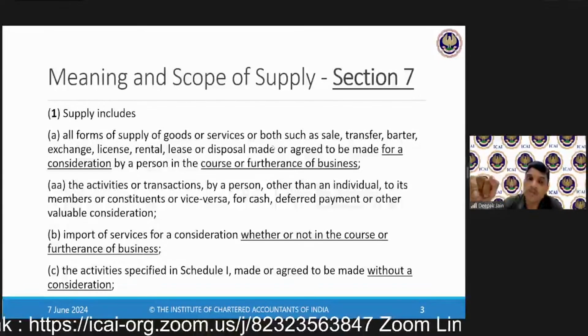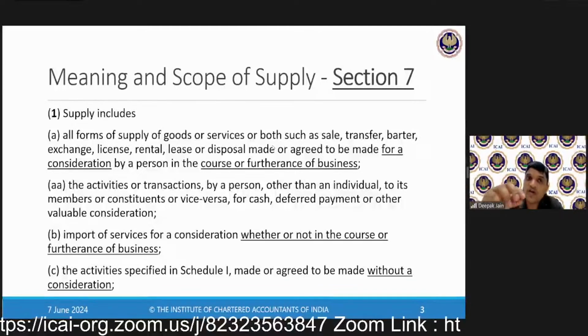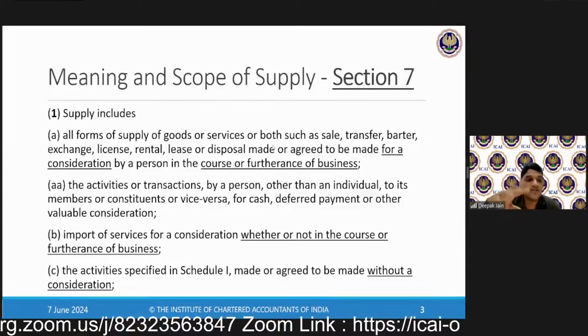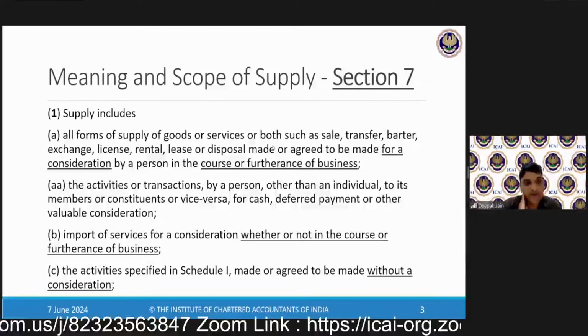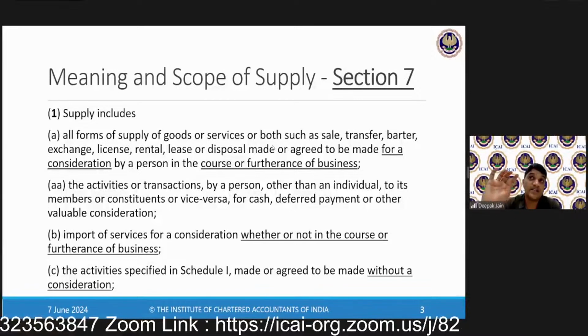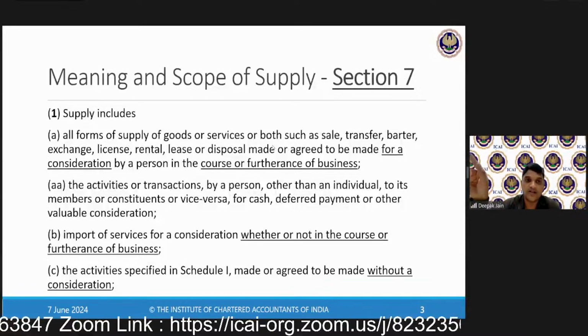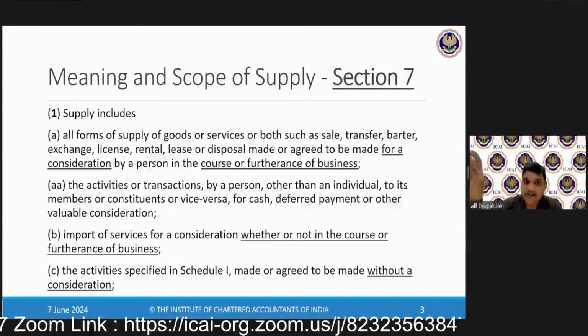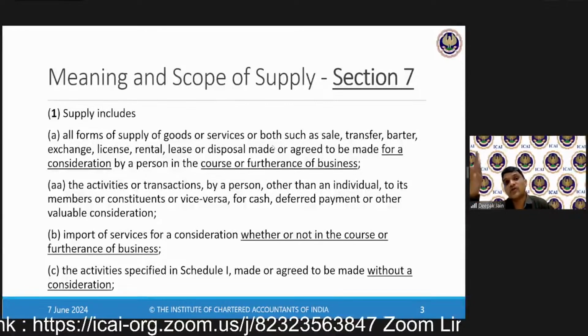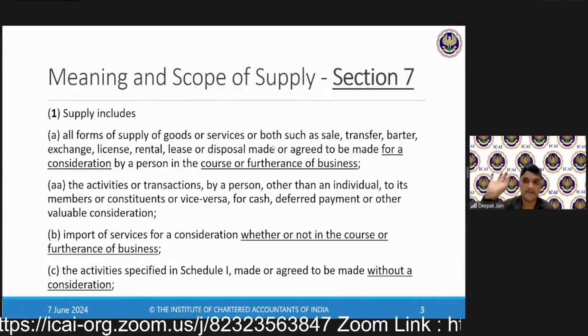So on all import of services, when you have a consideration, whether you use it for personal use or for your official use, GST is applicable. Then the third thing, 7(1)(c) is the activities which are specified in Schedule 1. For these specific transactions, the supply which is made on consideration is also supply.